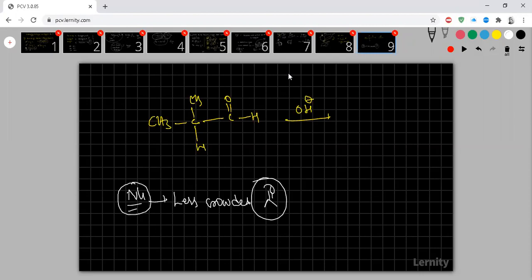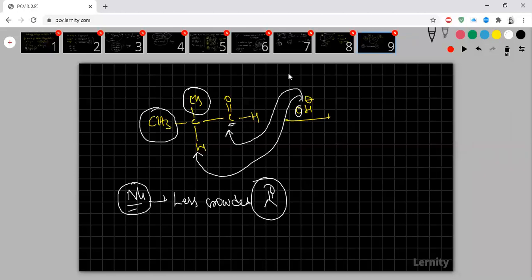This compound has 2 methyl groups that make crowding at this carbonyl group. As a result, this OH minus cannot come and take this hydrogen because of the crowding. Instead, it will go and attack at this position.